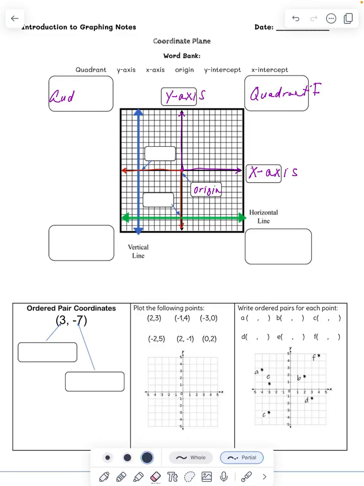Oops, that's supposed to look like a Q. This is quadrant 3. And this is quadrant 4.